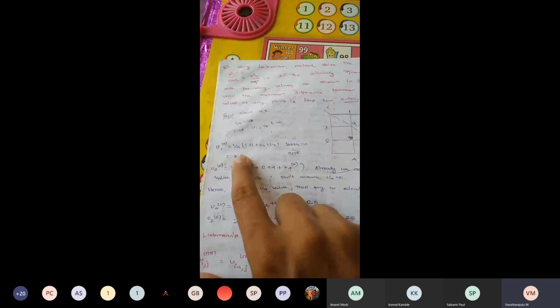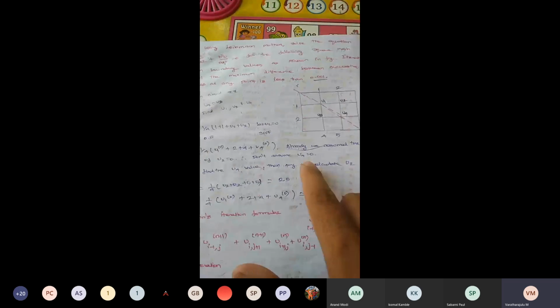By solving this particular problem, you will get this as your zeroth iteration. In the zeroth iteration, u1 is 0.5, u2 is equal to 2.25, and u4 is equal to 2.5.